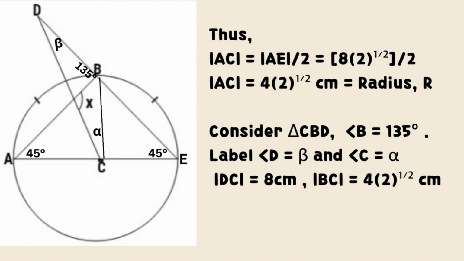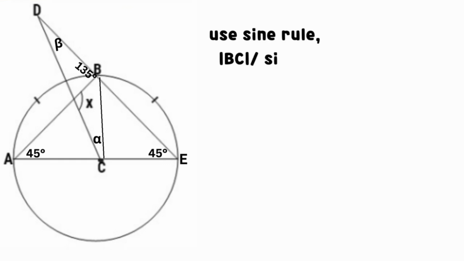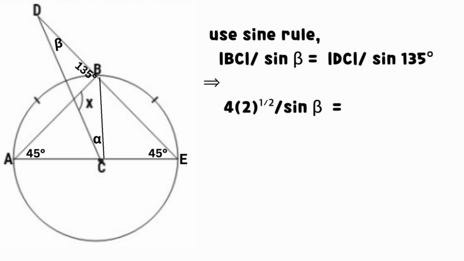From triangle C, B, D, angle B equals 135 degrees. Label angle D equals beta and angle C equals alpha, and consider the values of the lines obtained. Use sine rule and substitute values.